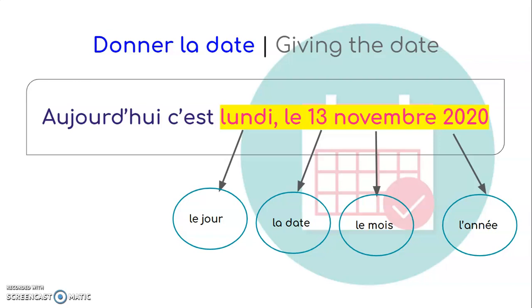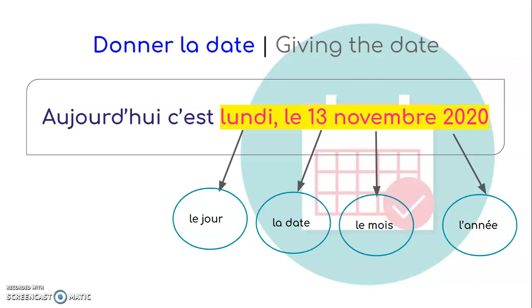Then right afterwards, we have l'année, the year. In this case, it's a bit tricky because you haven't learned how to say 2000s, but guess what? All you'd have to do is to add 2000 before the last two digits. 2000 means 2000.